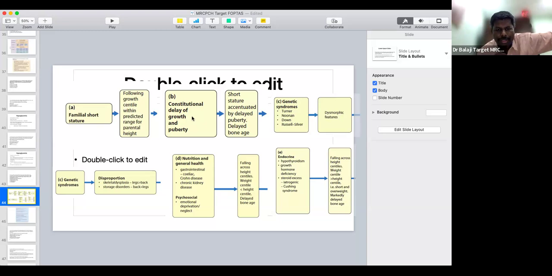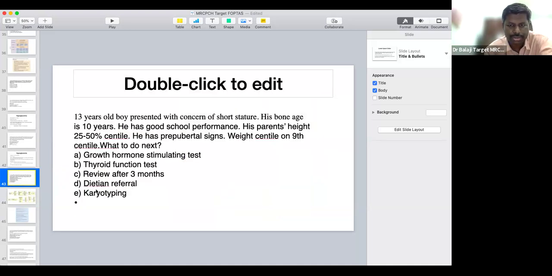He will be short, bone age will be less, but later on they catch up. They have a delayed puberty, so they will catch up later on. But their bone age will not be so much delayed, usually not more than 2 years. Whenever you have a delay in bone age of more than 2 years, then that is significant.